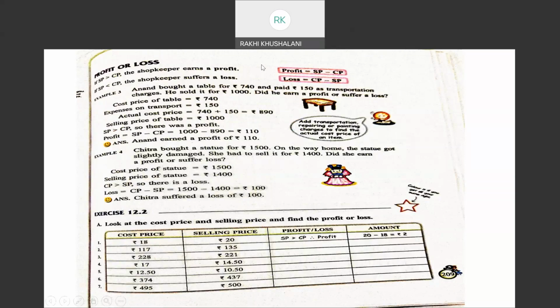You know already what is profit or loss. When the selling price is more than the cost price, it is a profit. When selling price is less than cost price, it's a loss. At the same time, suppose the seller, the vendor, goes to a market, not you.